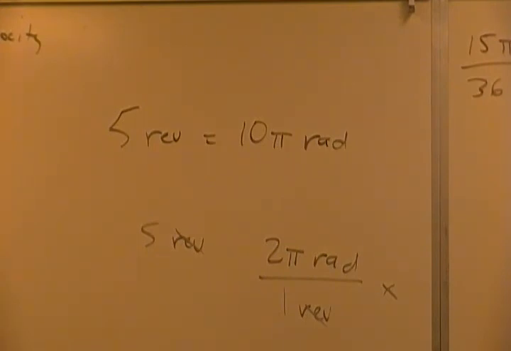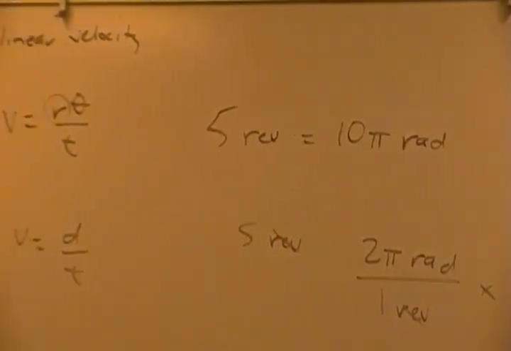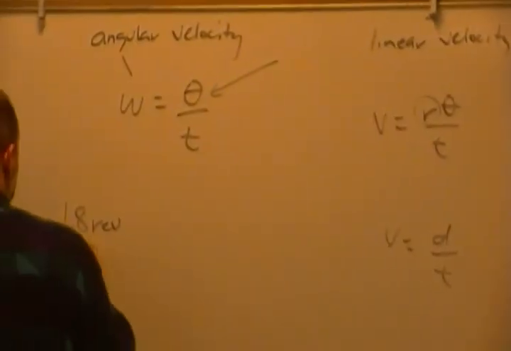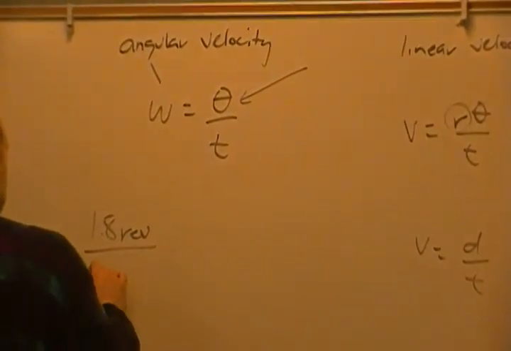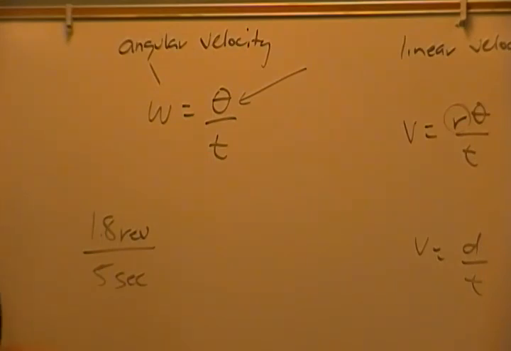Now, let's take the next step and talk about angular velocity. What if I asked you, we're going to have 1.8 revolutions in 5 seconds. What is my angular velocity if I have 1.8 revolutions in 5 seconds? Now, what's the problem with saying 1.8 revolutions?